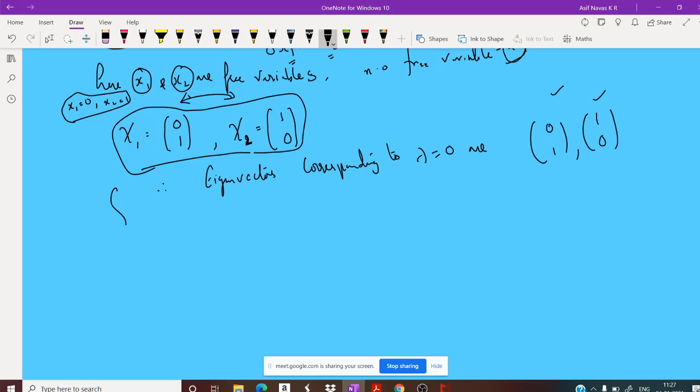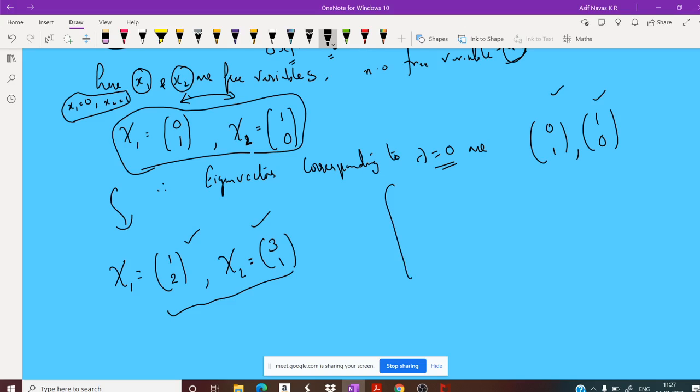So you can write another eigenvector: I am taking x1 as 1, x2 as 2. This is again an eigenvector, and you can also take 3, 1. So these are also two eigenvectors for eigenvalue 0 because these are free variables, right? These both are linearly independent.